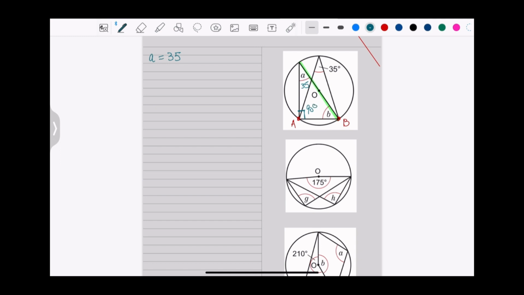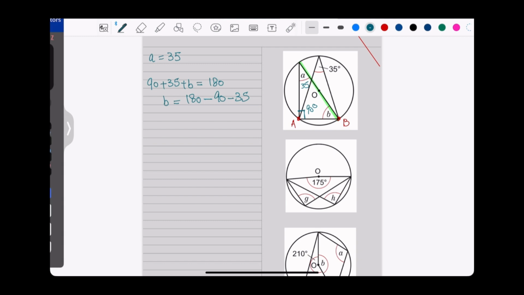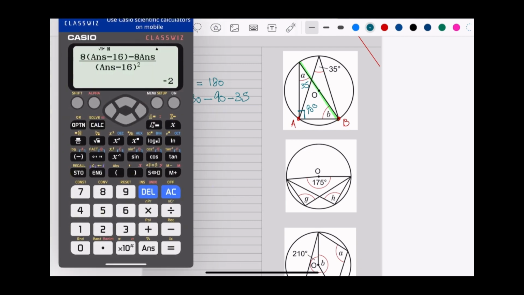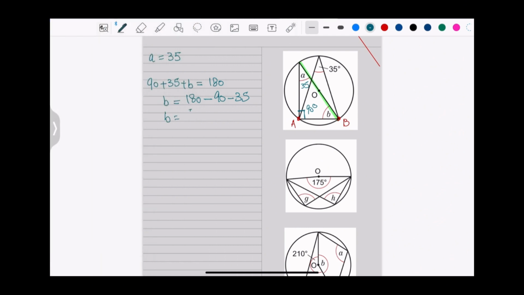So I can say 90 plus 35 plus B is 180 degrees, because the sum of all the angles in a triangle is 180, and B is going to be 180 minus 90 minus 35. So B is going to be 55 degrees.